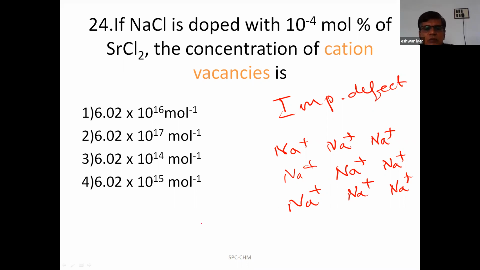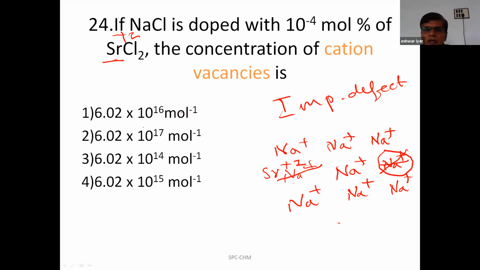What is there in strontium chloride is the strontium ion. Let me write how it replaces the sodium ions. If Sr plus 2 replaces a Na plus ion, look at the valency: this is +1, this is +2. Removing one Na plus is not enough, so 2 Na plus are removed and 1 Sr plus 2 is placed. So one site is filled, but the other becomes a vacancy.